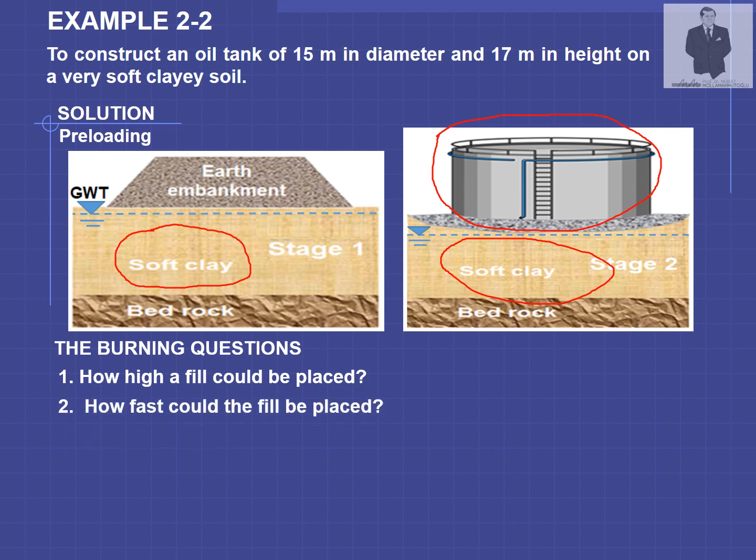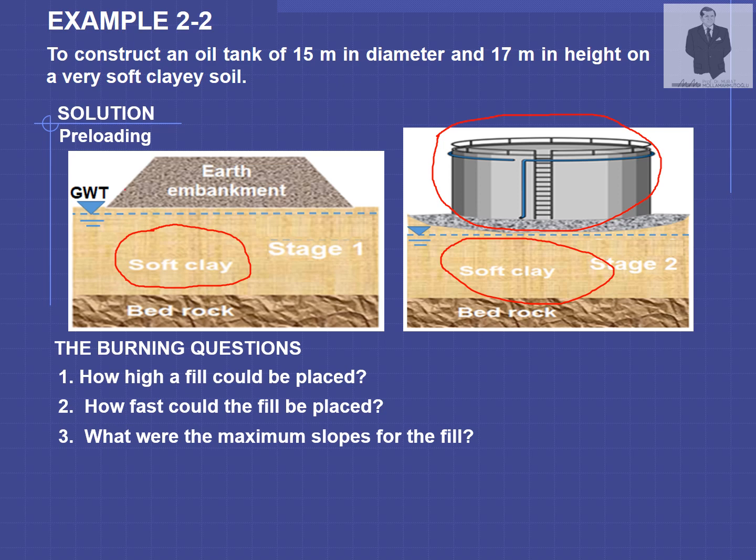The second question, how fast could the fill be placed? This, of course, depends on the availability of the earth material to construct the earth embankment and the technique used. The third question, what were the maximum slopes for the fill?